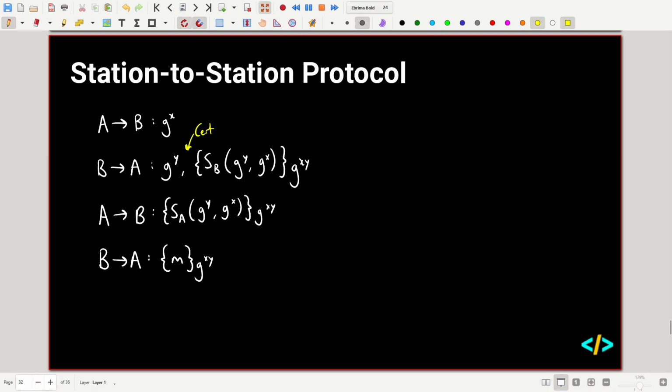So we have cert B here, and here we send cert A. In message 2, when B responds to A saying, here's my public key, here's proof that I've also acknowledged yours, B also sends a certificate.